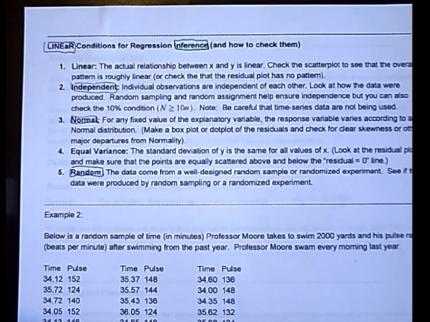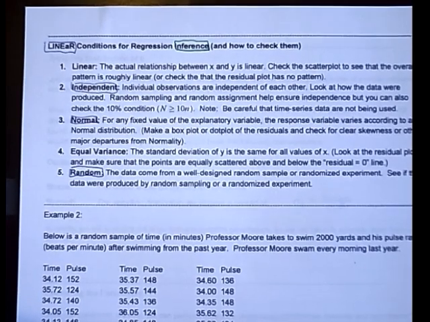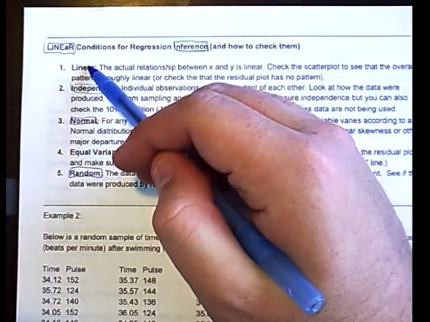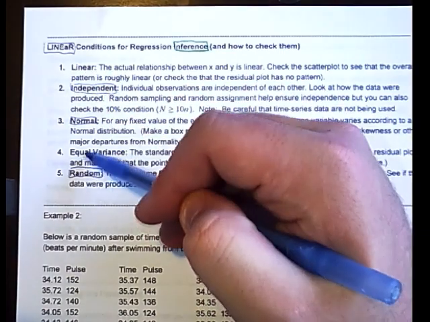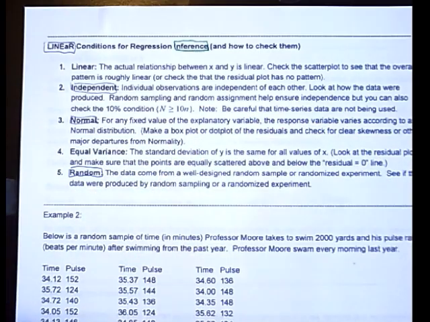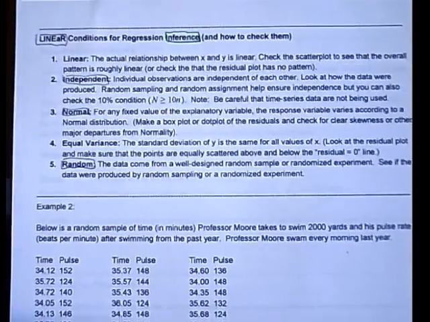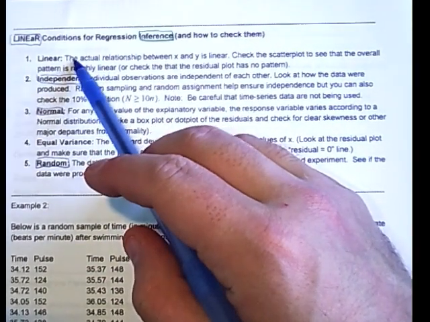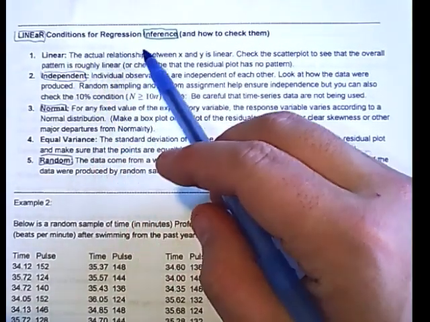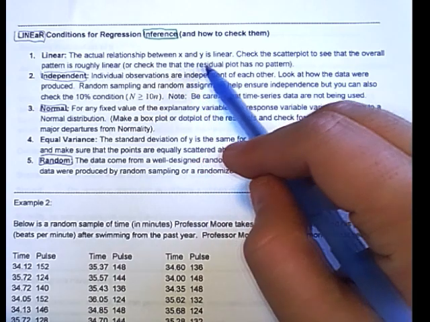There's 2 other ones. All right, and that is data has to appear linear, and we also have to check for this thing called equal variance. So there's 2 extra conditions. So let's just read some of these. All right, when we look at the scatter plot, the actual relationship between x and y is linear.